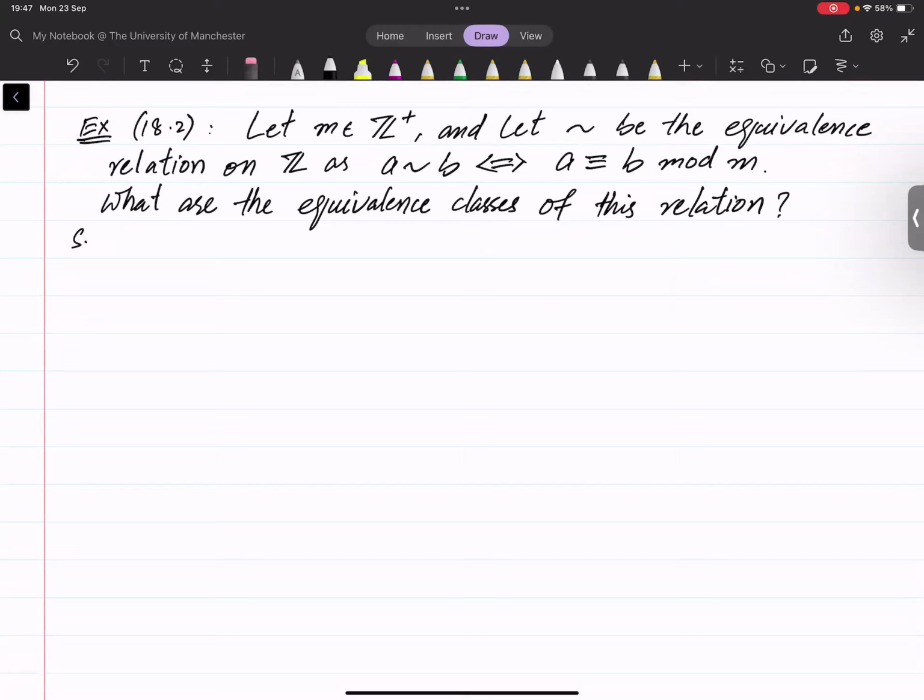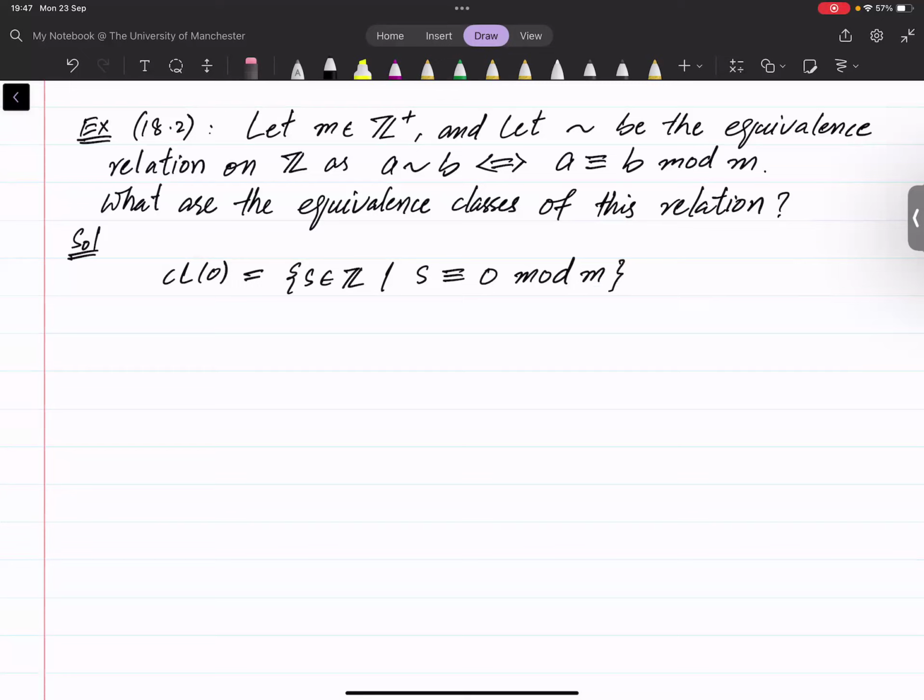So let's answer this. We say that CL of 0 is going to be the elements s inside the integers such that s is congruent to 0 mod m.